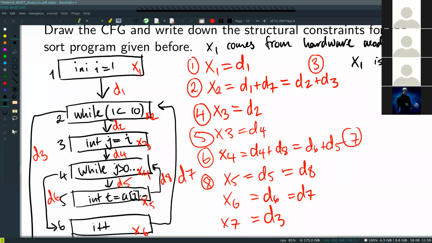Is some set of instructions. Therefore, it has some execution time. And so this is one way of doing it.